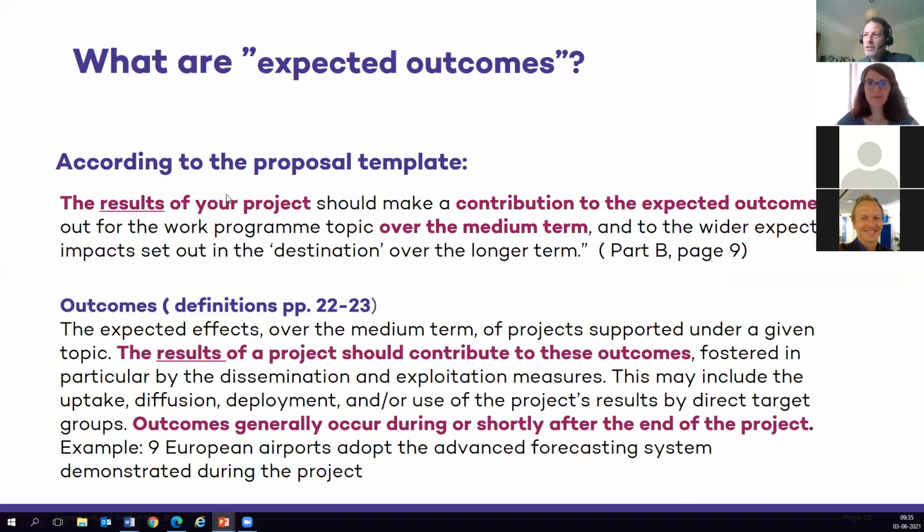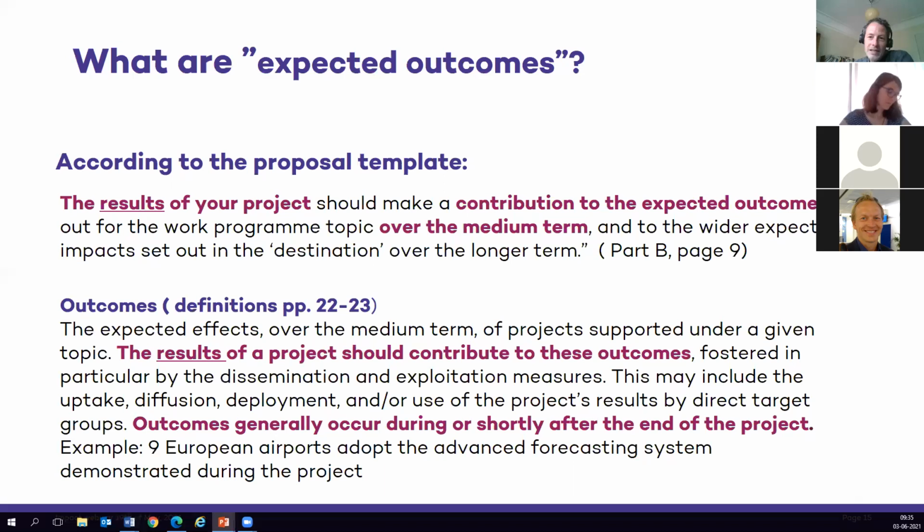Now, we are moving to the second discussion we would like to have on these new notions linked to impact. During the next few minutes, we would like to think more about what these expected outcomes are. The expected outcomes are a novelty under Horizon Europe.